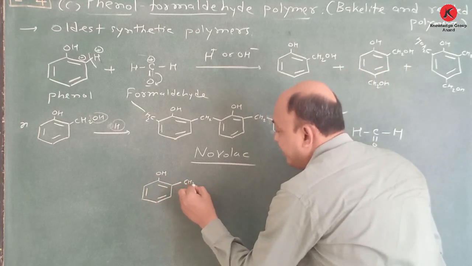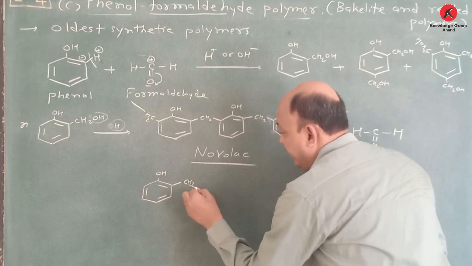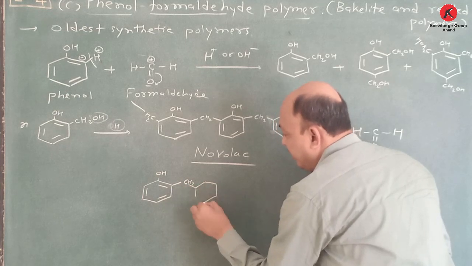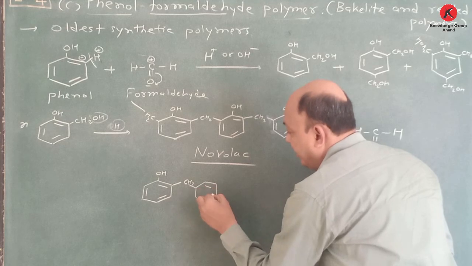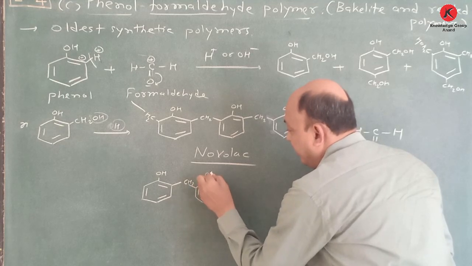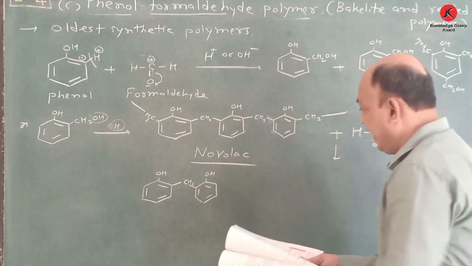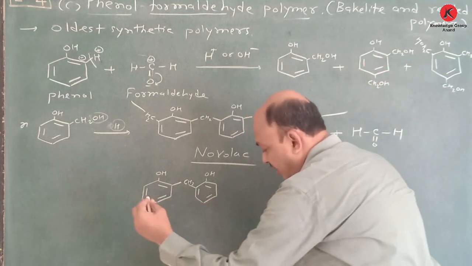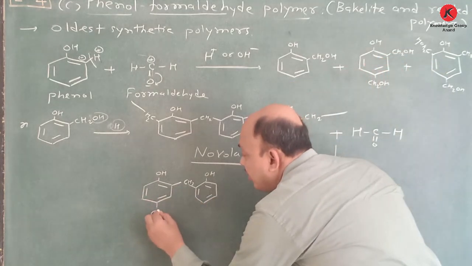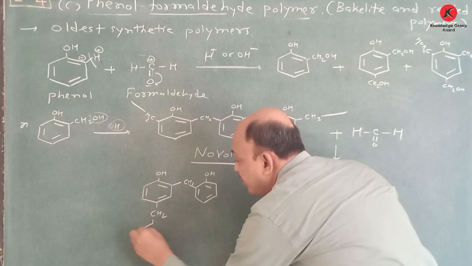Once again CH2. Then you have to draw here once again OH. Same way on the downward side also you have to draw CH2.